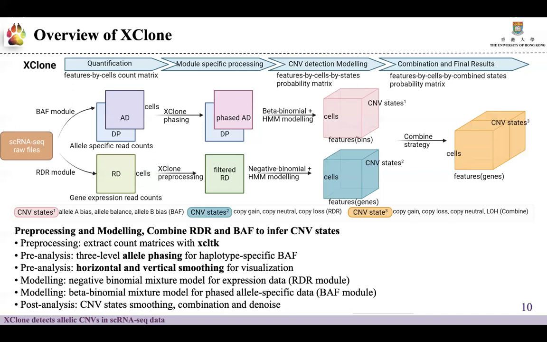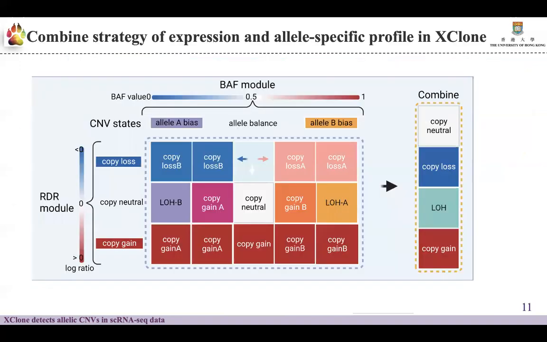XClone performs the B allele frequency model and the read depth ratio model independently and combines them to call the final copy number variation states. Here shows the combined strategy of the expression and allele-specific profiles in XClone.